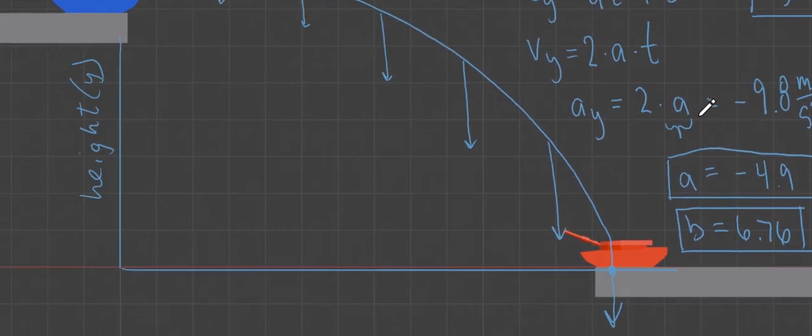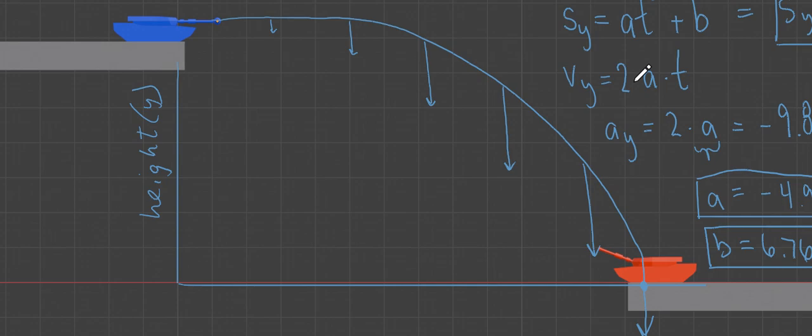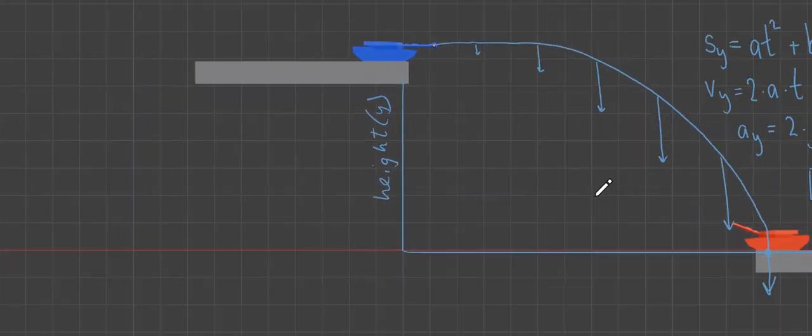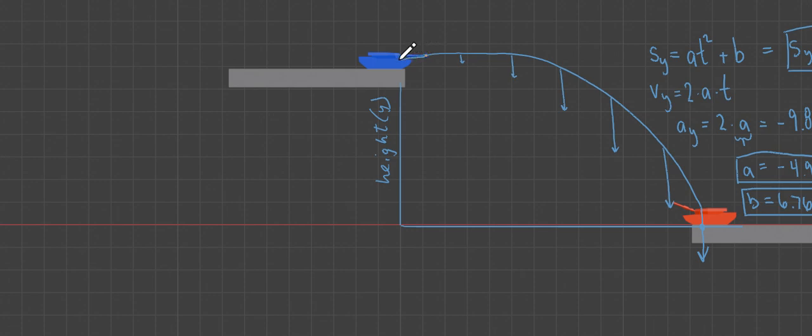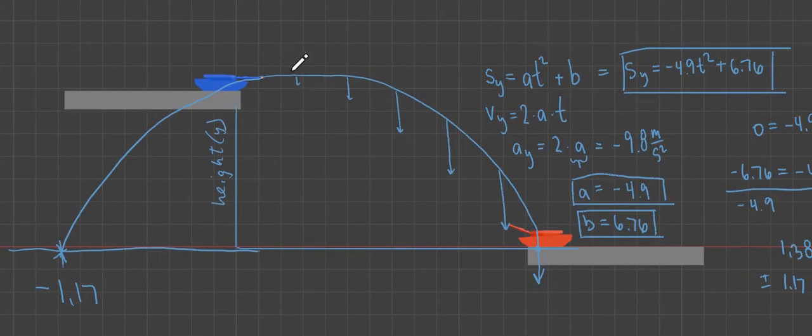Mathematically speaking, it could be plus or minus, but if we took the negative, then what we're actually looking at is someplace back here, some point right here is the negative 1.17.